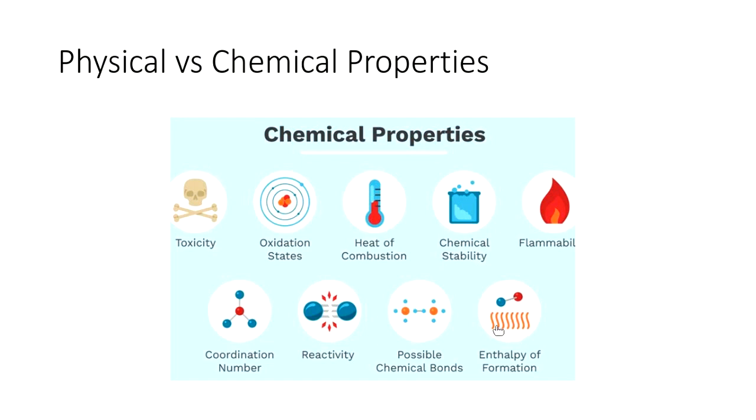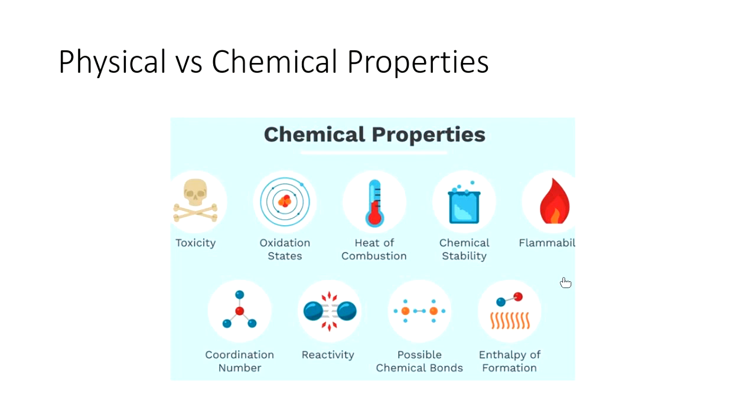This is related to the heat of reaction. So all of these are chemical properties, and you can add here corrosion, the degree of explosion that some substance can produce, etc.